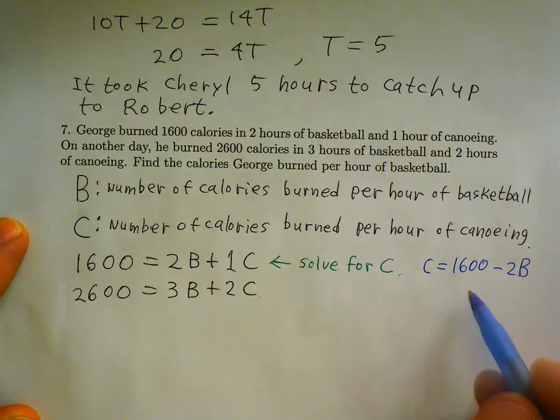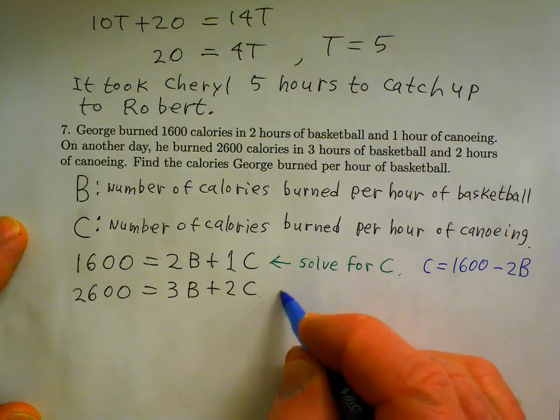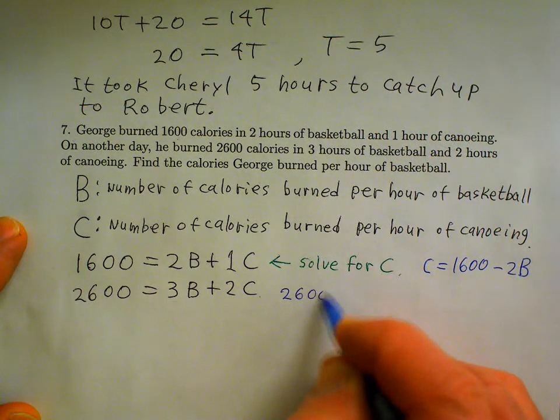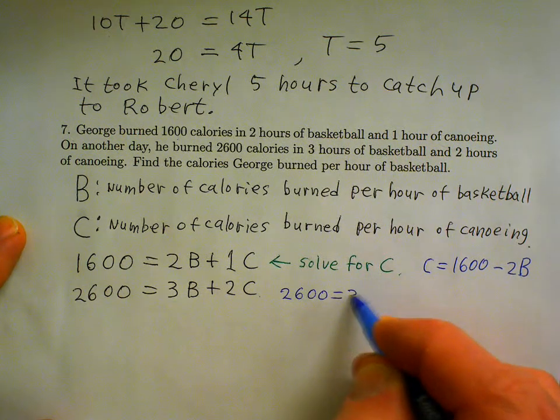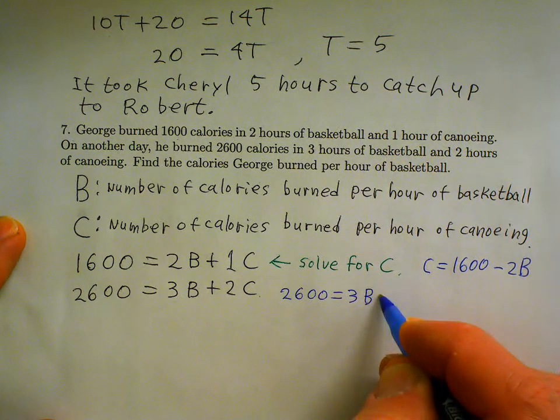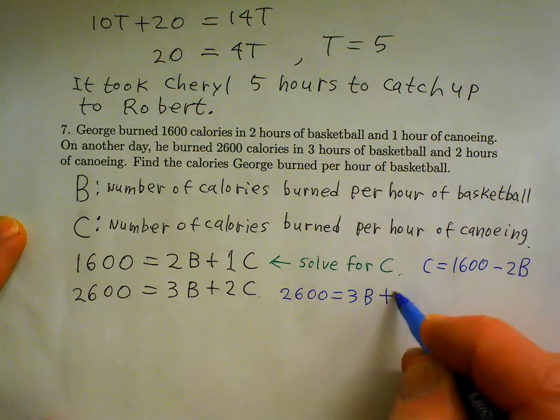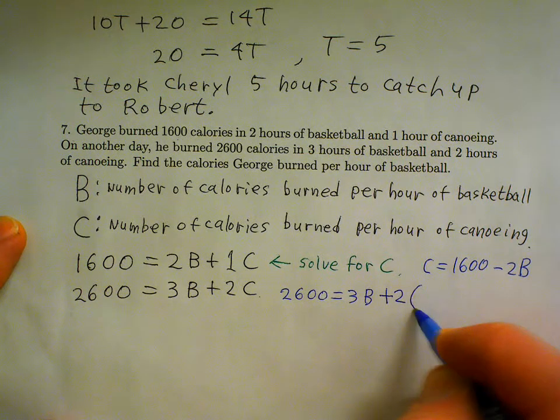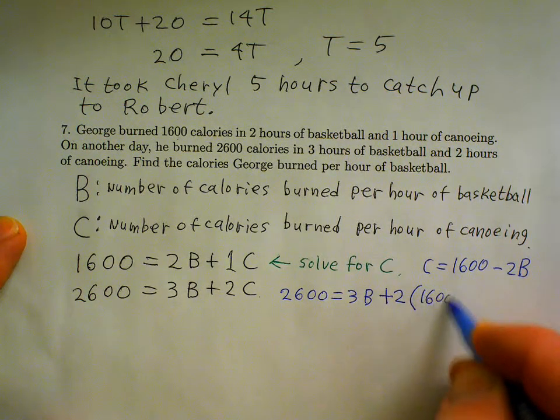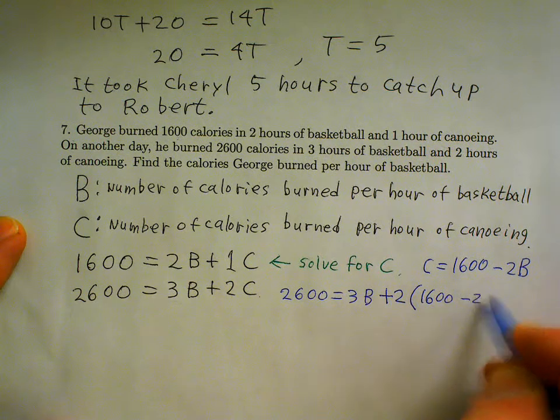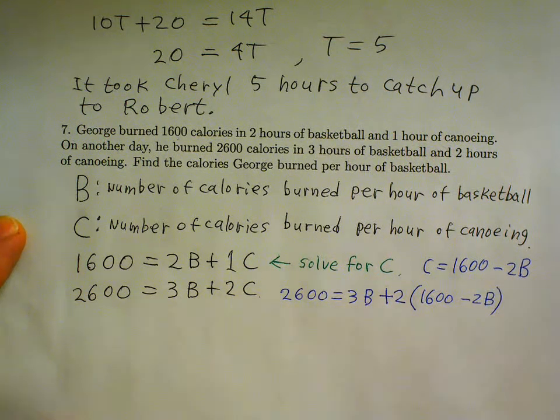Okay, so by substitution, we have 2600 equals 3 times B plus 2 times the quantity 1600 minus 2B. Then we just solve this for B.